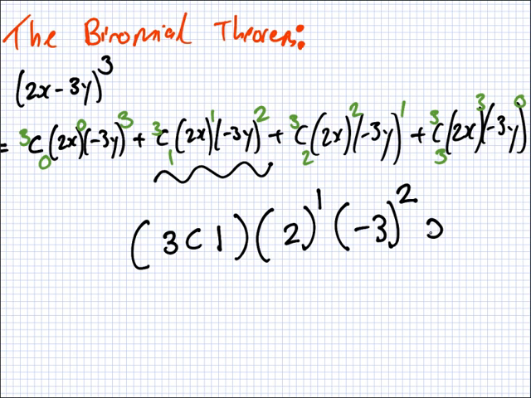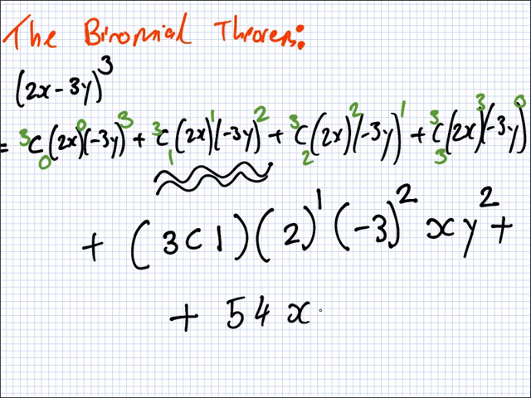And then what would I have for x and y? x power 1 and y squared. I'm taking this one just as an example. So someone can tell me please, what is this one I just did as an example? 54 x y squared.